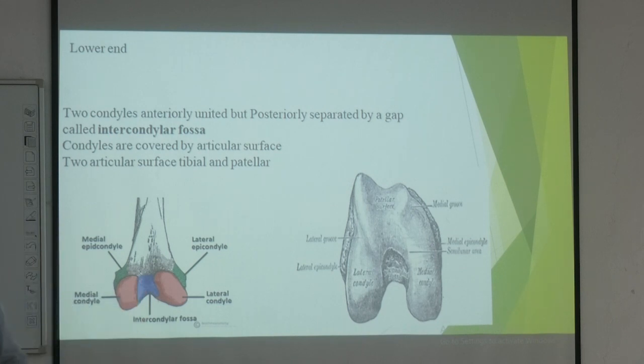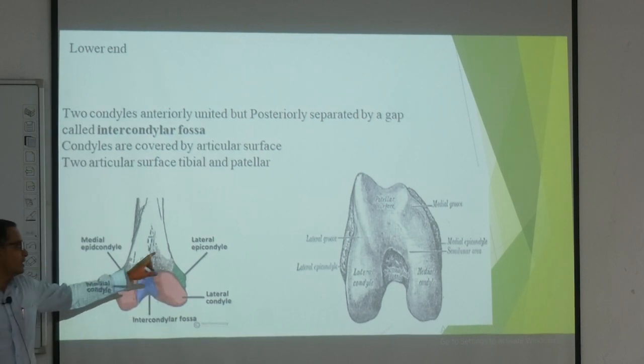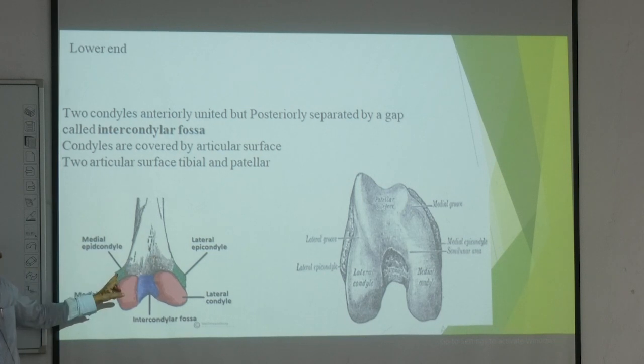Now, if you look at this bone, at the lateral condyle and the medial condyle, just on the margin where it is joining with the shaft, it has an elevation.